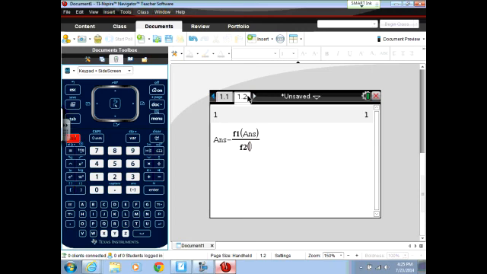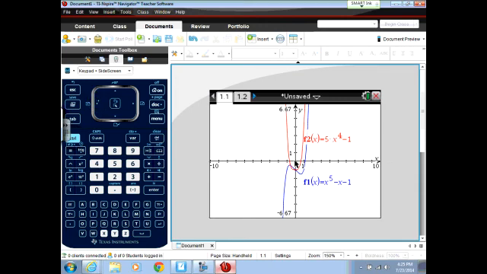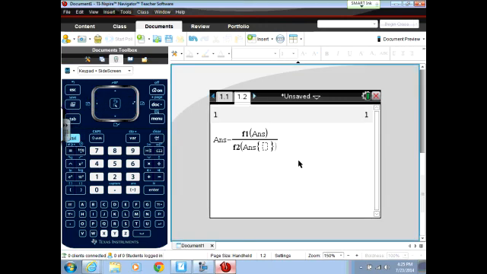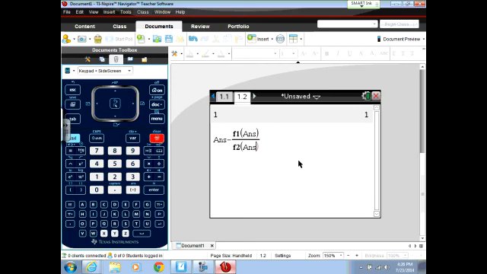Over our derivative of that x value. And remember, you want to hit Control, or actually you can hit Enter for this one, and it'll give us our new value, which is 5/4.